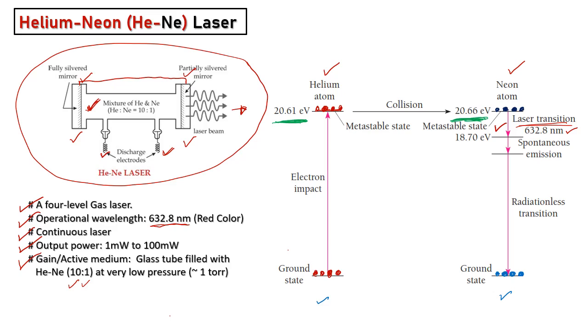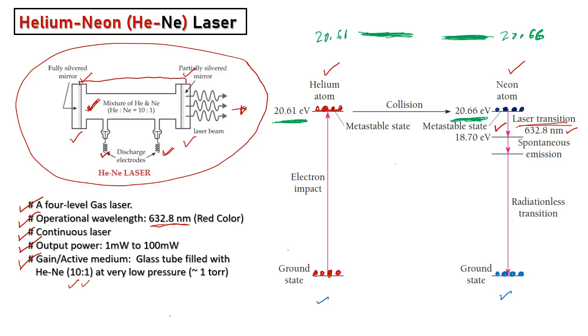So these two metastable states are very nearly at the same position. Okay, they are very close to each other for the helium atom and the neon atom.